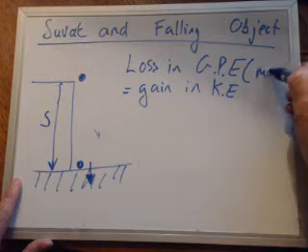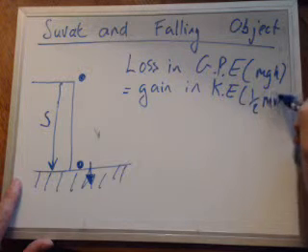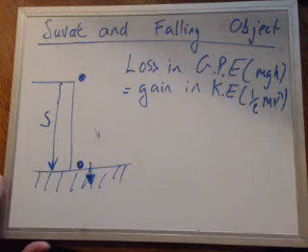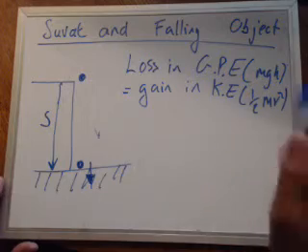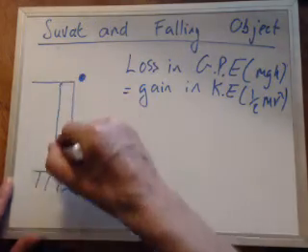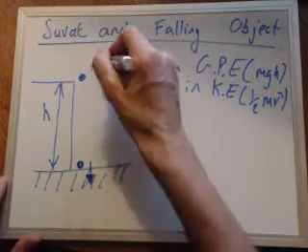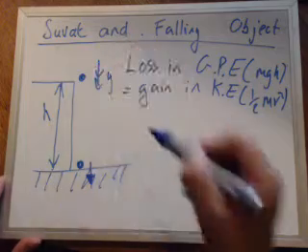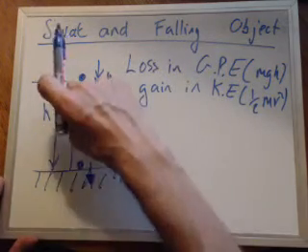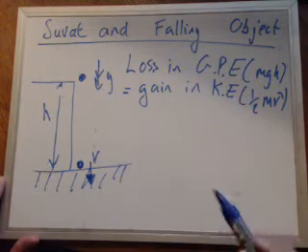GPE is mgh, and kinetic energy is half mv squared. This time, instead of s, we're going to call it height h. Again, we've got gravity g positive acting down, and final velocity v just before it hits the ground.